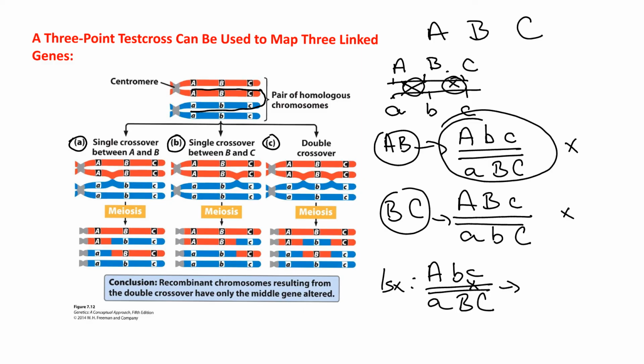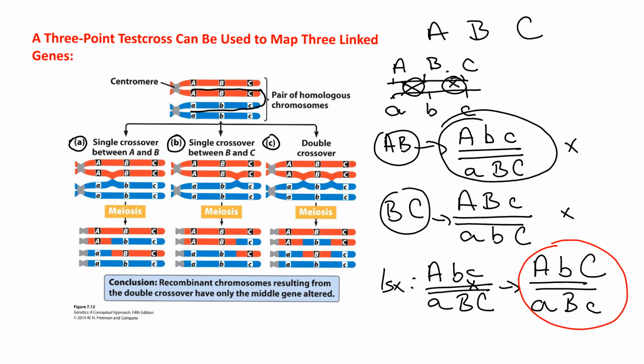And what you can see right here is that if you compare this double crossover to the parental composition, you see immediately that the gene which is different from the parental composition is the one in the middle. So recombinant chromosomes which result from the double crossover have only the middle gene altered.